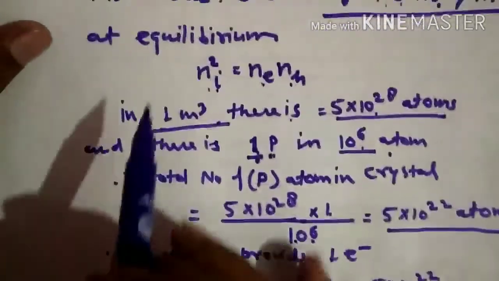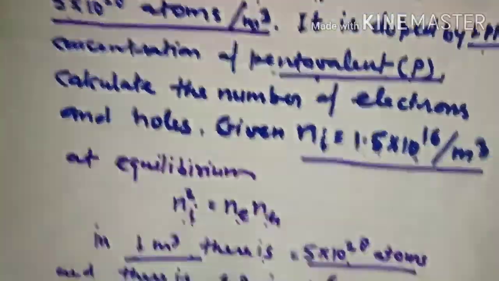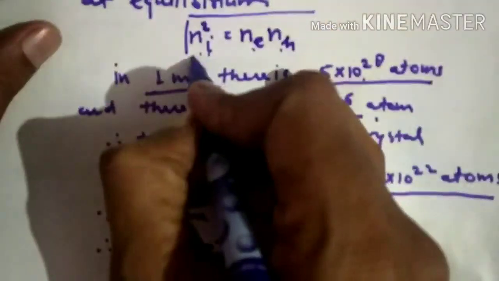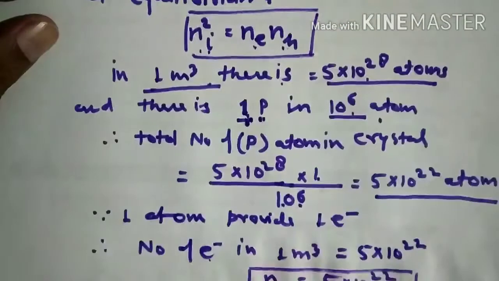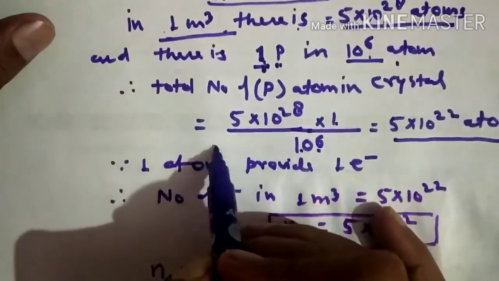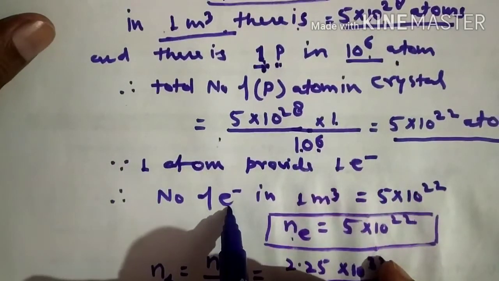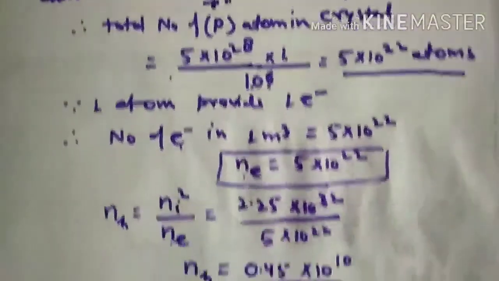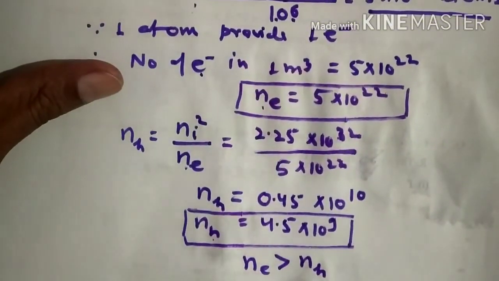This is verified by this example. Here I have used a general equation, and with the unitary method we have calculated the number density of electrons in 1 meter cube, because the material is 1 meter cube, and thus we have got the result.